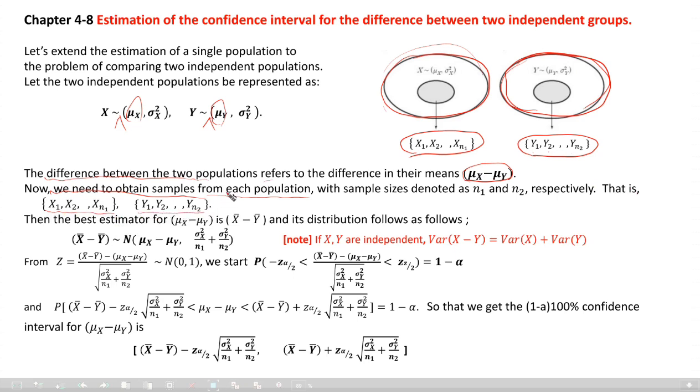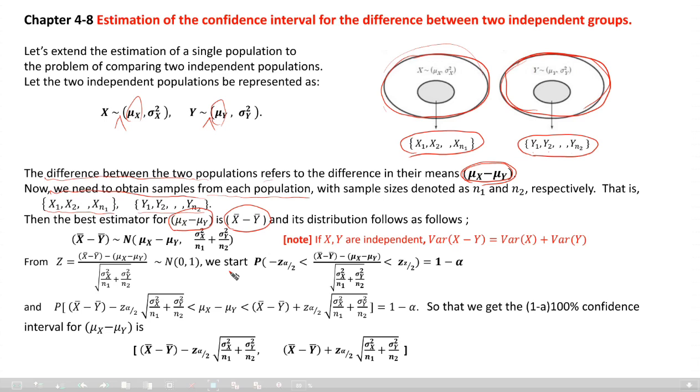What is the best estimator for mu x minus mu y? It should be x bar minus y bar, right? That is the best estimator. We now know the best estimator of the parameter, in this case, mu x minus mu y. Then we need to know its distribution.